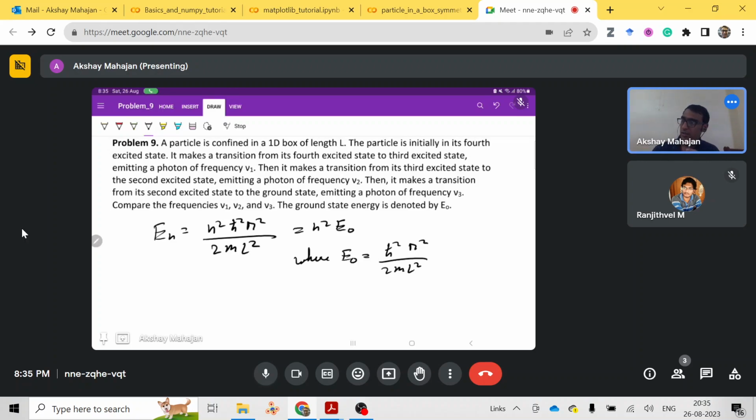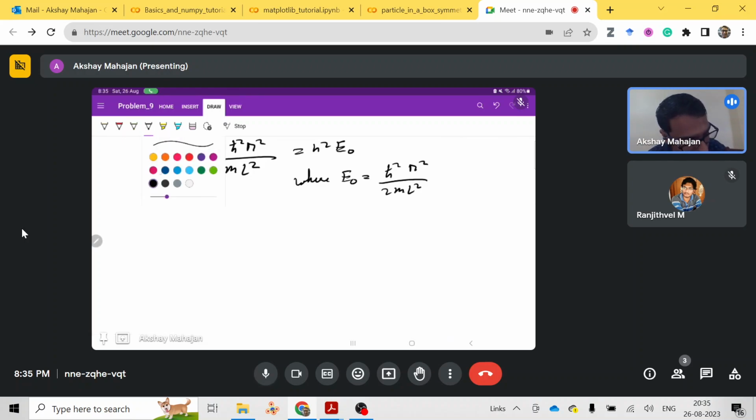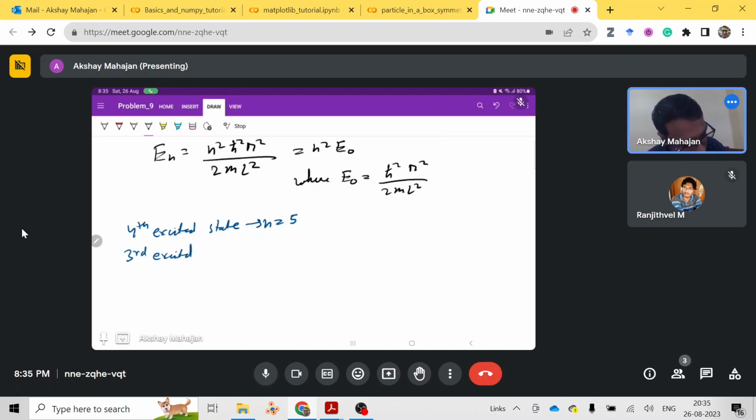Again, the same thing we have to keep in mind: fourth excited state means n equals 5. Third excited state means n equals 4.